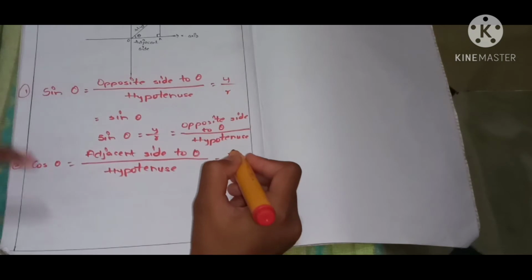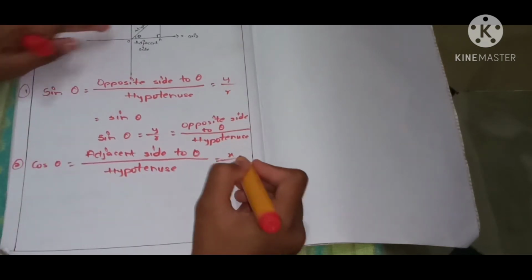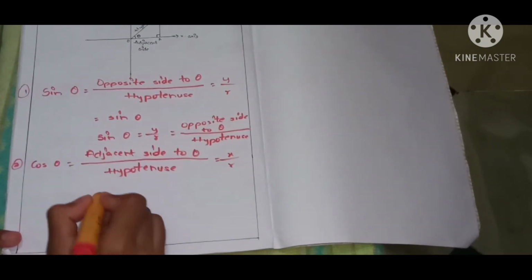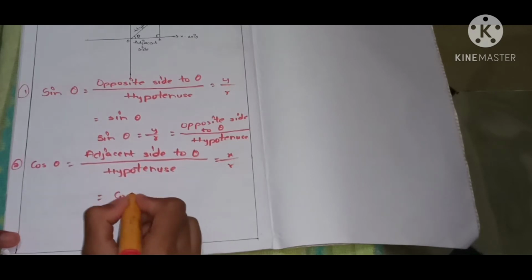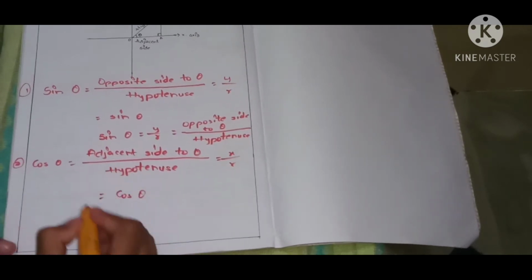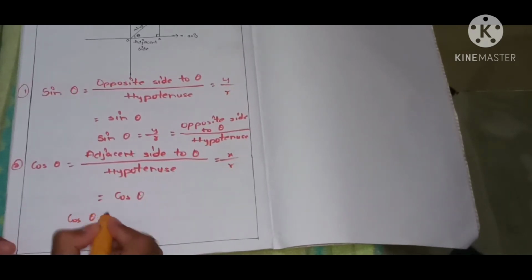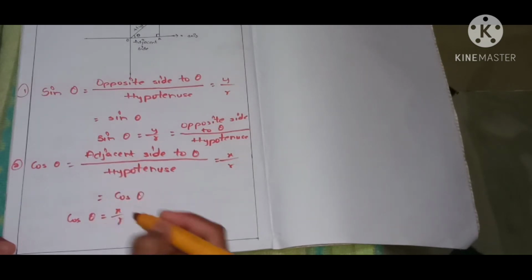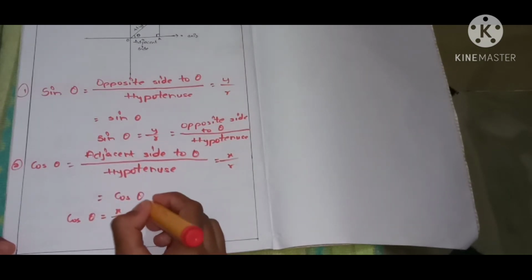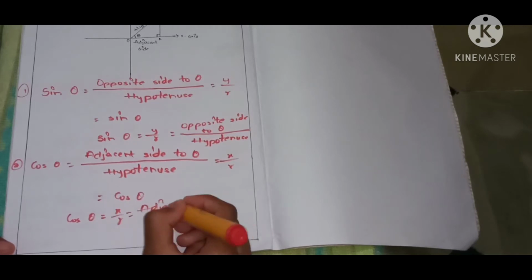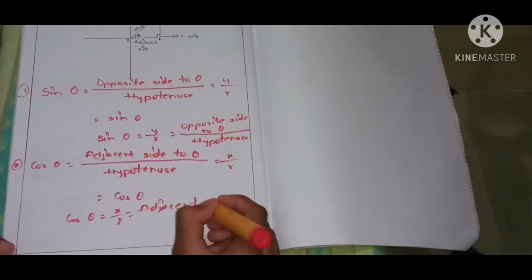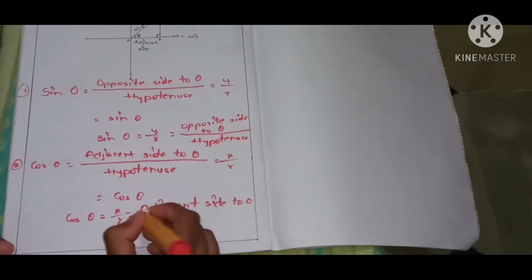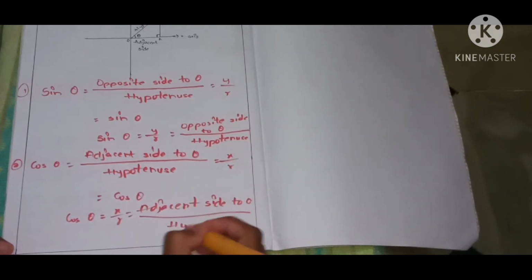So x by r is cos theta. Cos theta is x by r, adjacent side to theta by hypotenuse.